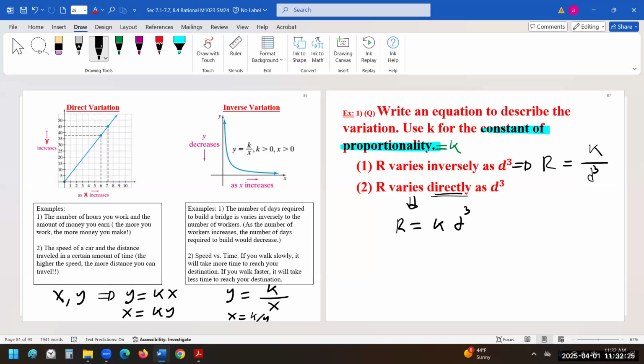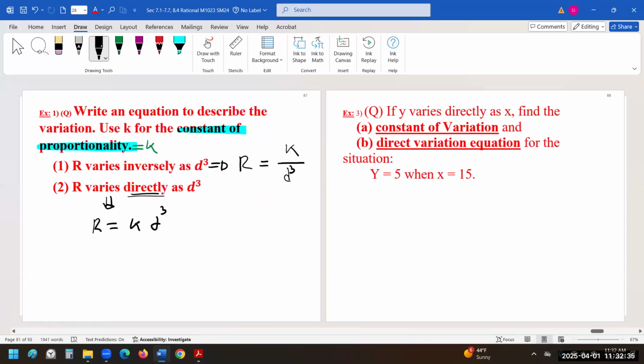Any question? It's times. So the first scenario, we derived an equation. In the second scenario, after deriving an equation, now at least find out what the constant rate is.